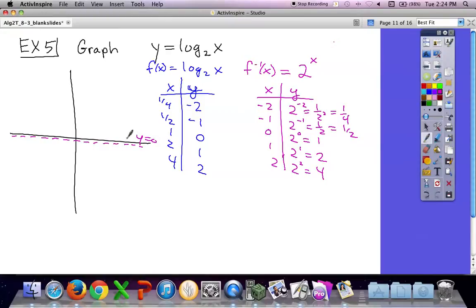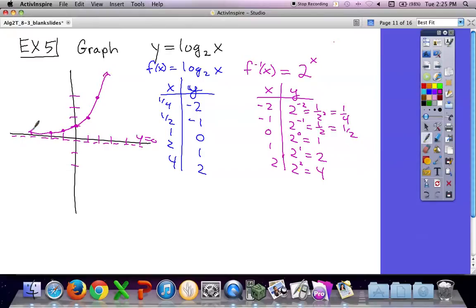I'm going to make this go 1, 2, 3, 4, and 1, 2. Okay, I'm graphing these from -2, 1/4, -1, 1/2, 0, 1, 1, 2, and 2, 4. If I connect those up, I get that.